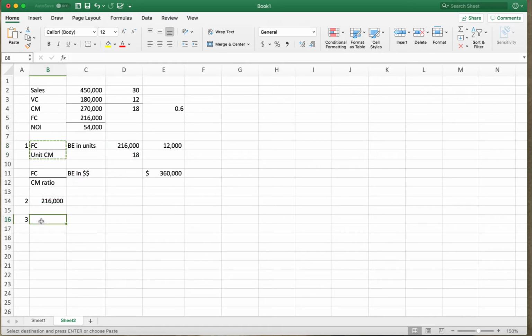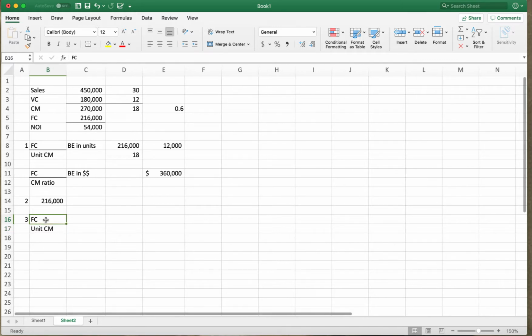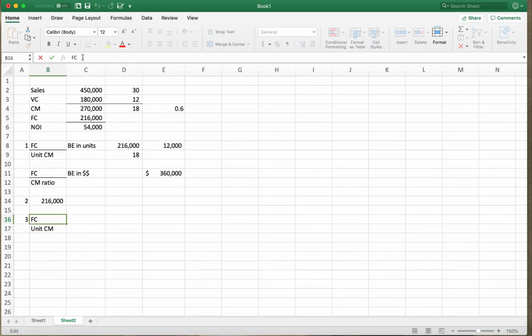Notice what I'm doing. I'm just copying the break-even equation, right? I'm just copying it because we're looking for target profit. And all I need to do is add the target profit to the fixed costs.